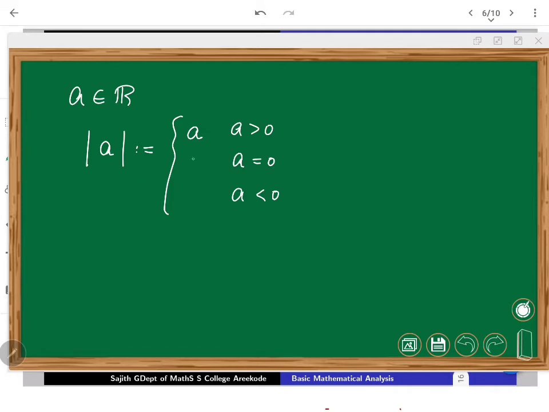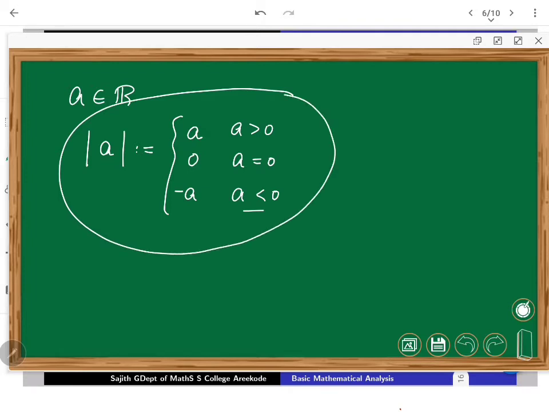If a is 0, again a, or I can say 0. If a is negative, then I will take the additive inverse of that, which says I will take minus a, the additive inverse of a. This is how we define the absolute value function or modulus function, right?